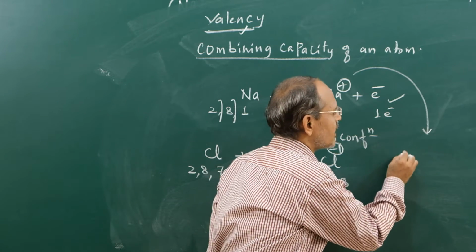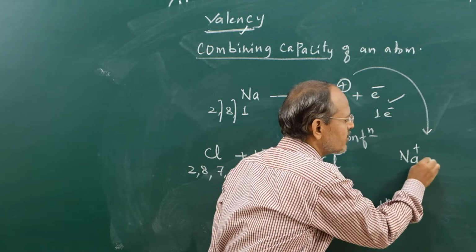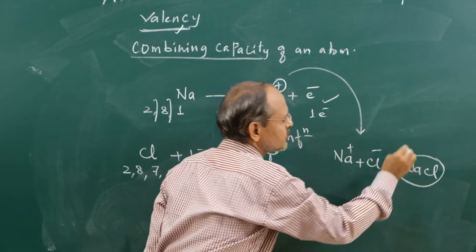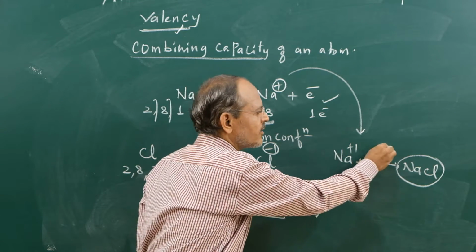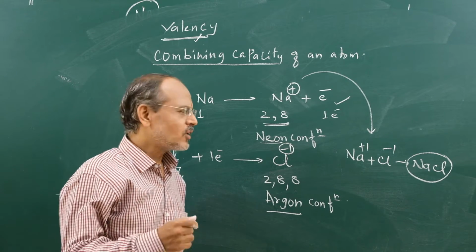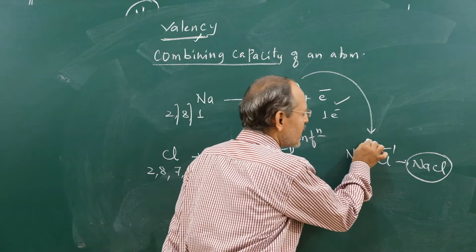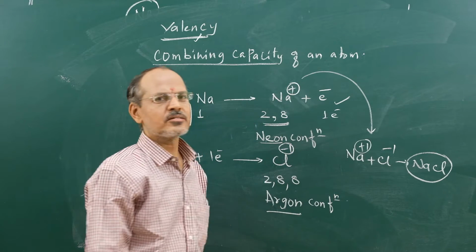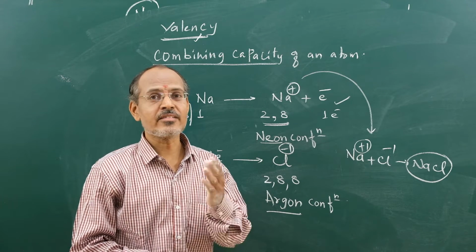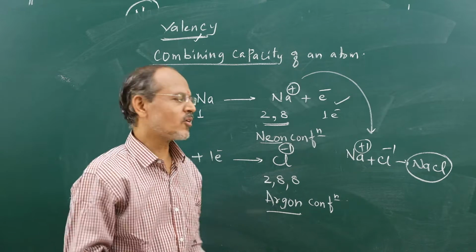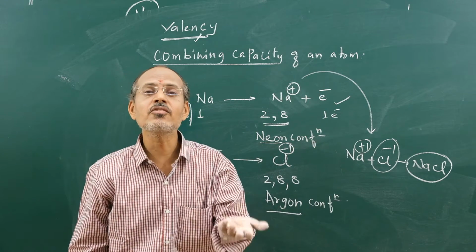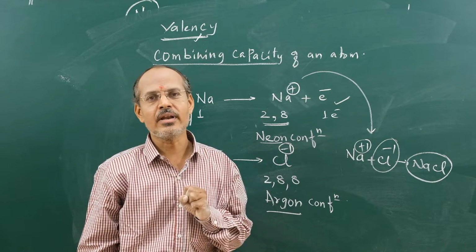Hence, whenever I write sodium chloride, Na plus and Cl minus give rise to NaCl, because this is plus 1 and this is minus 1. So now I can say sodium is monovalent. Mono means one, valent means valency. It has the capacity to give one electron. So I can say chlorine is also monovalent because it also has the capacity to get one electron.